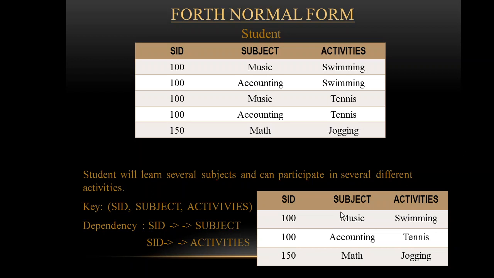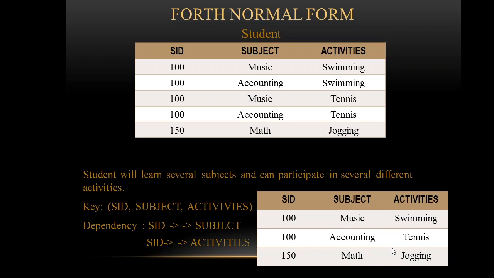Now suppose we try to store this information in this particular way, where student ID 100 has subject music and he is participating in swimming activity. Similarly, student ID 100 is having subject accounting and he is participating in tennis activity. And student ID 150 having subject maths and he is participating in jogging.